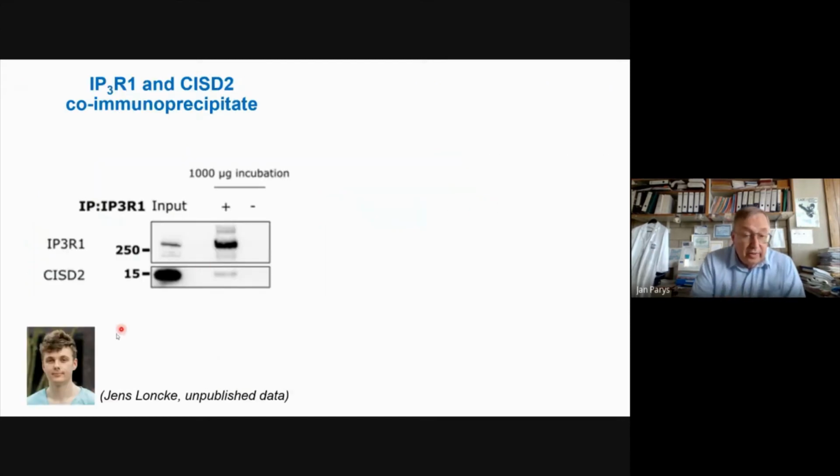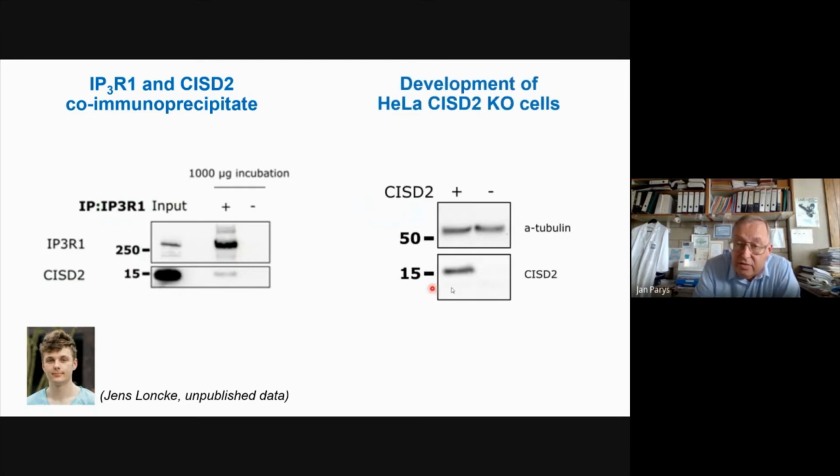And another of our bright PhD students, Jens Loncke, is busy studying the effects of CISD2 on the IP3 receptor. He has recently shown that CISD2 and the IP3 receptor can interact, and he has also developed a knockout cell line based on HeLa with the CRISPR-Cas9 technique, where CISD2 is completely absent.